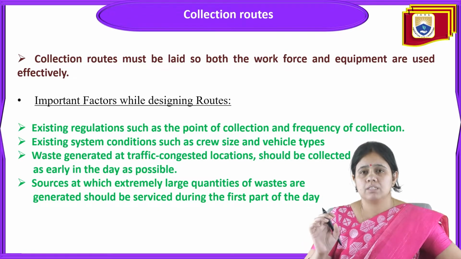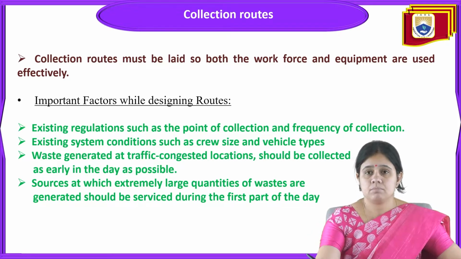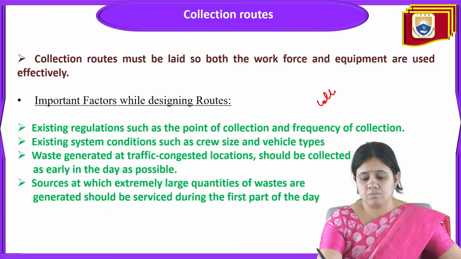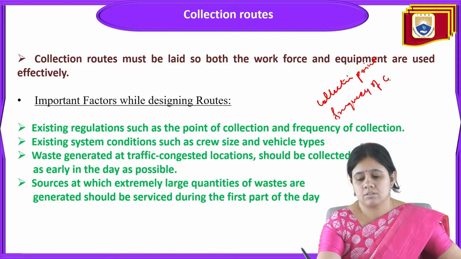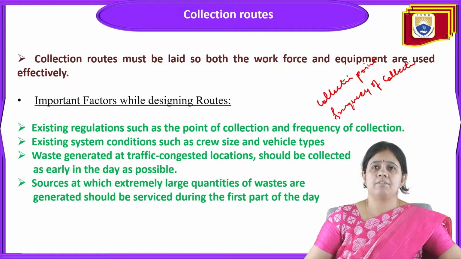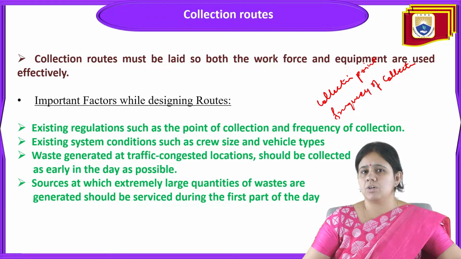The first point is the point of collection and the frequency of collection. The first thing to keep in mind is the collection point of the garbage and the frequency of collection, so that it will be convenient for the whole operation.